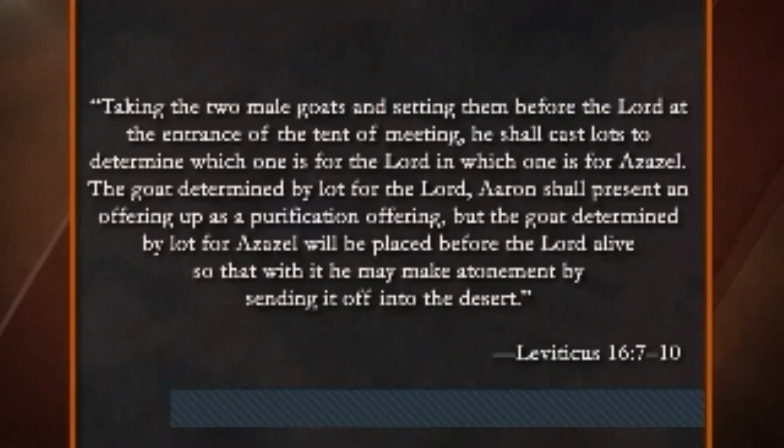"The goat determined by lot for the Lord, Aaron shall present as a purification offering. But the goat determined by lot for Azazel will be placed before the Lord alive, so that with it he may make atonement by sending it off into the desert." So, there are 2 goats, and both goats are to atone for the sins of the people, including intentional sins.